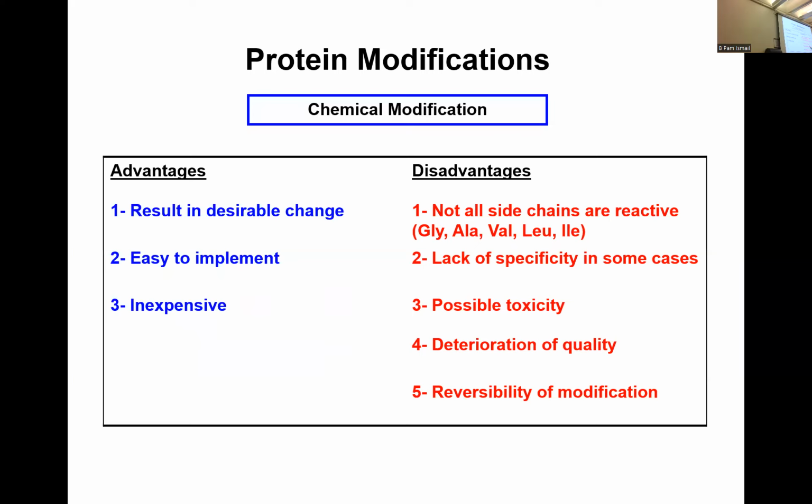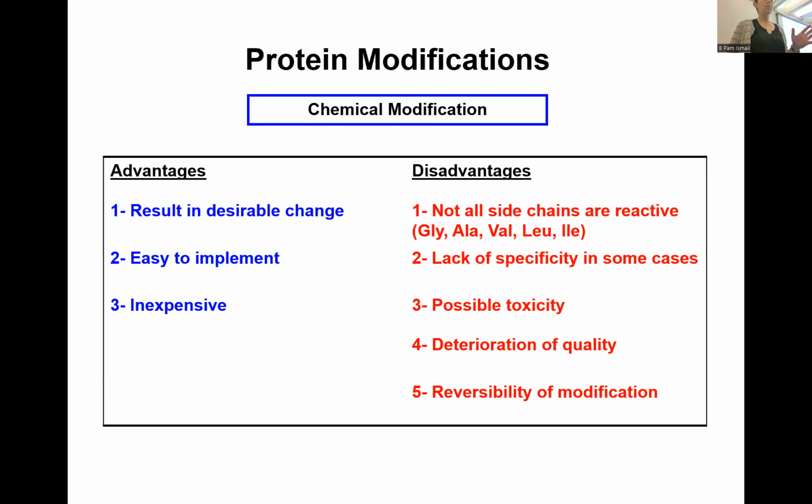We might change the amino acids into metabolites that could be toxic. We might reduce digestibility of the protein, so deterioration of quality. And some of these modifications can be reversible. The reaction happens and it can be reversed, so then you lose, obviously, the intent of it.